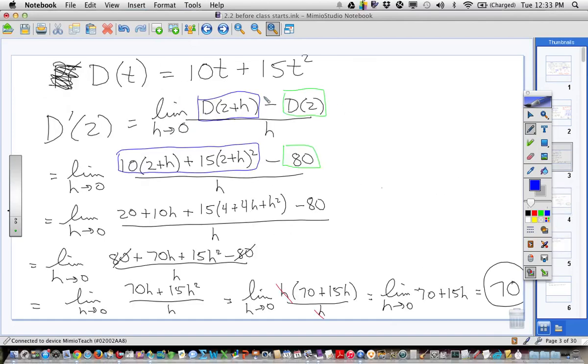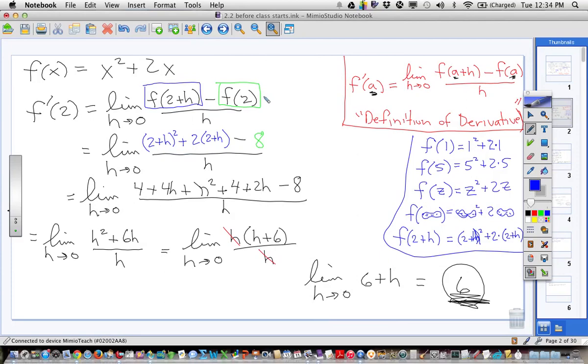Okay? Now, yesterday we did this, for those of you that were gone. We talked about, well, what does f of 2 plus h mean? Well, it means plug a 2 plus h in for x. Another common algebra mistake people make is they put the 2 plus h in here, but they forget to put it in for all the x's.